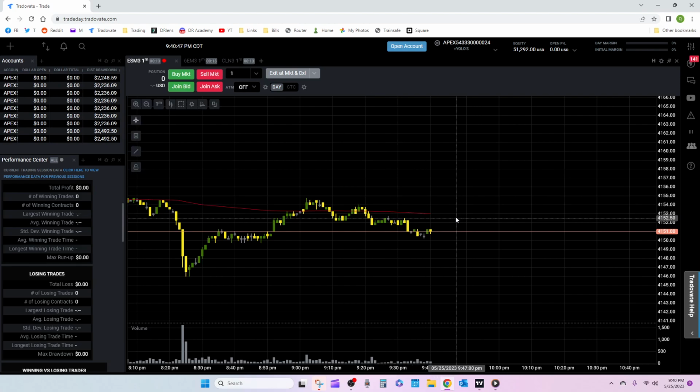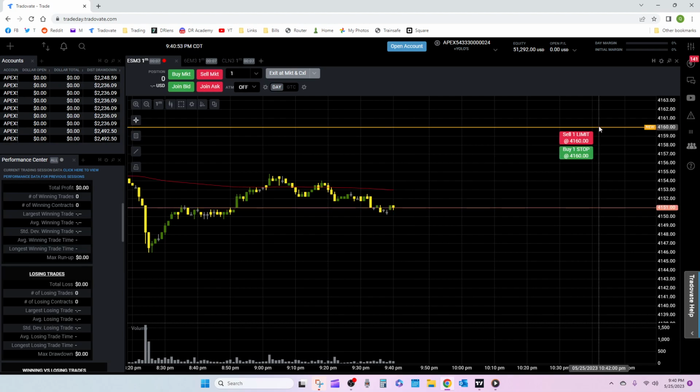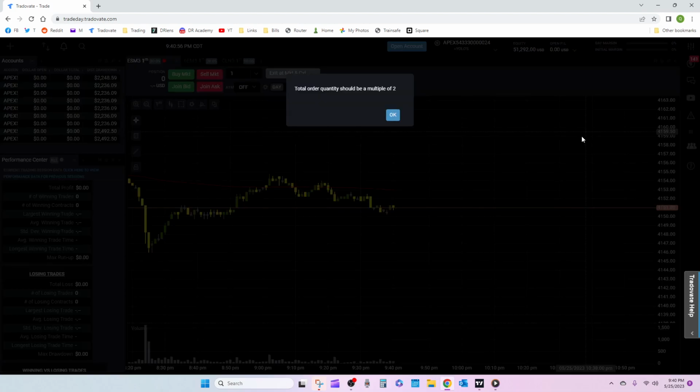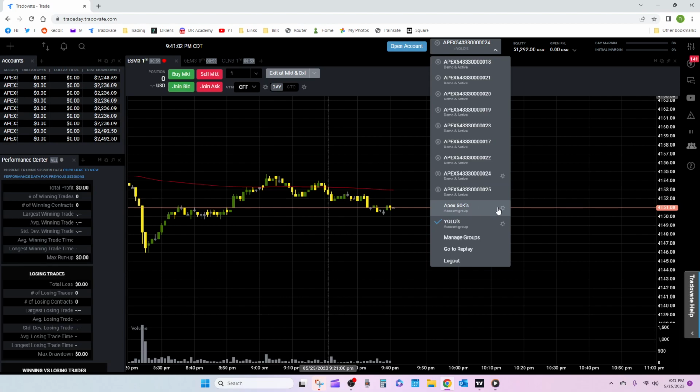What I do is if I buy something right here, if I want to set my stop loss, I'll just create a sell limit. Oops. Oh, one other thing. Okay, so let me switch back over to Apex 50s.